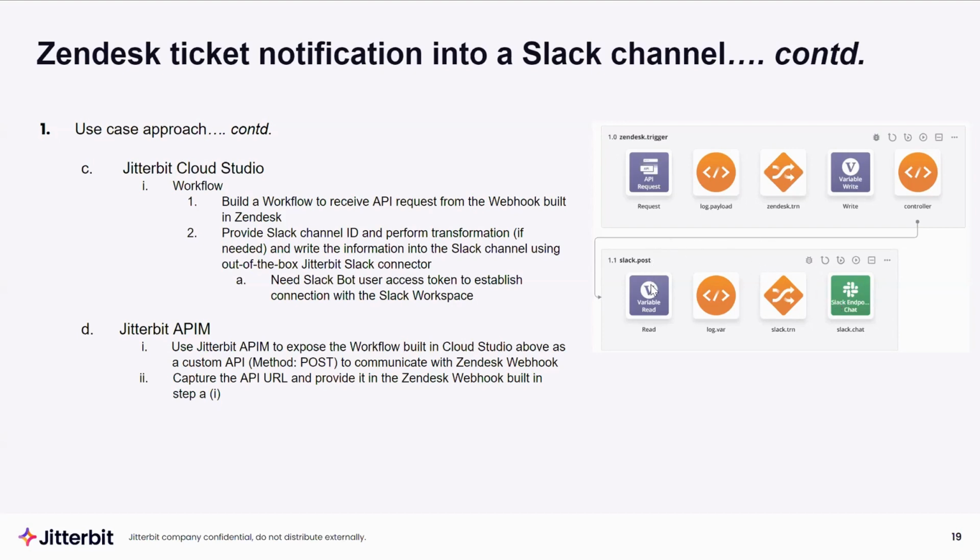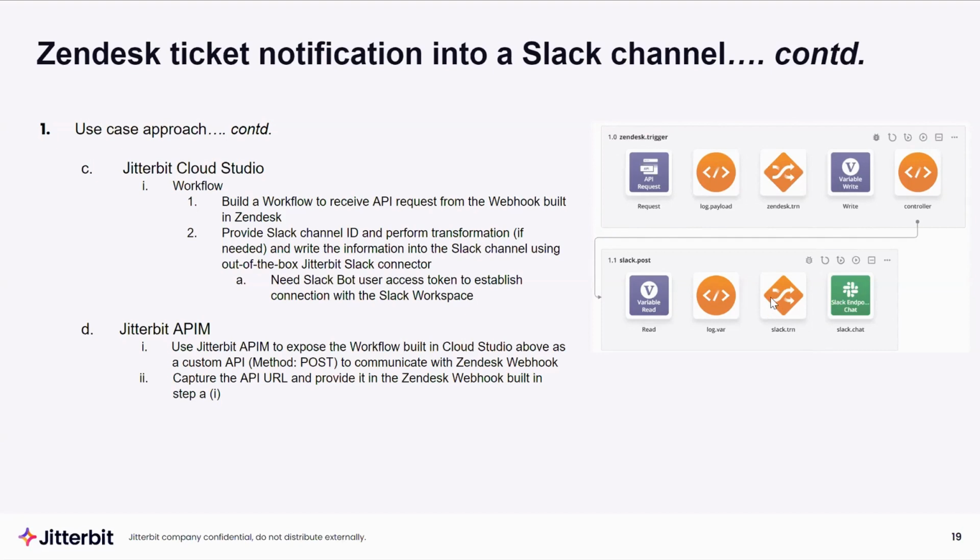And all we're doing here is reading that information that we stored in the variable and then pushing that into the Slack channel. In this transformation that you see here, there was some formatting done so that our notification looks tidy, because there were some spaces and bars, so we got rid of those.